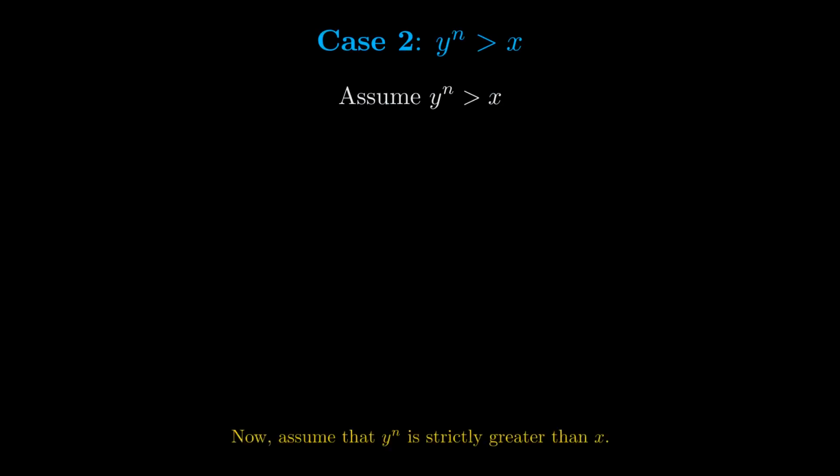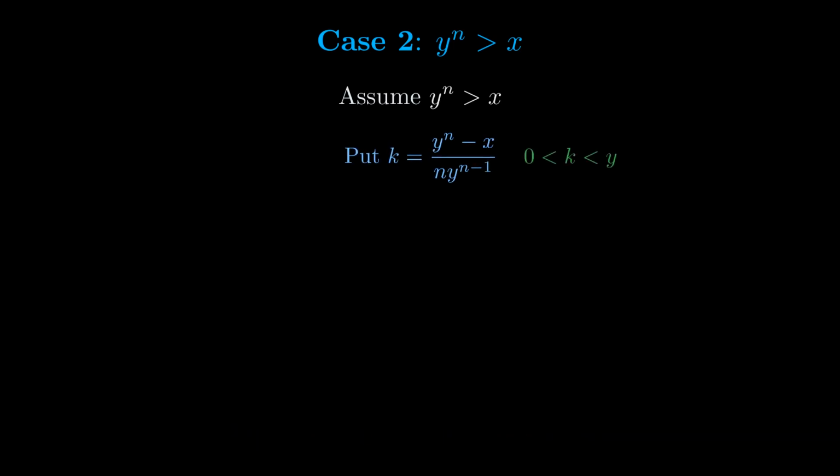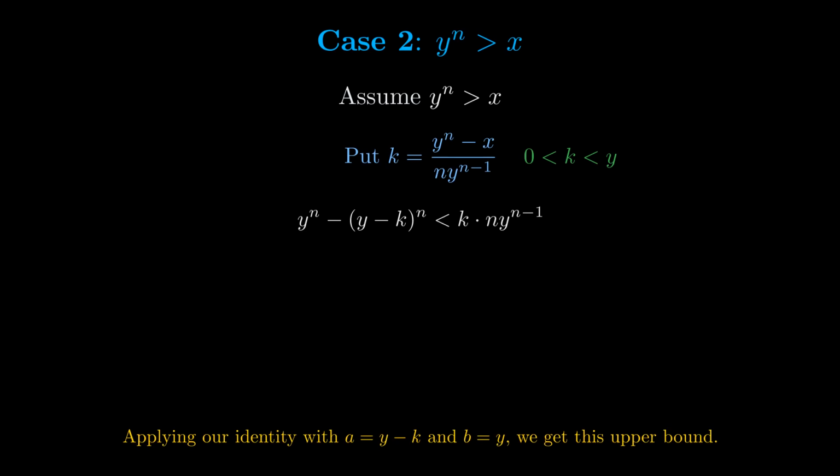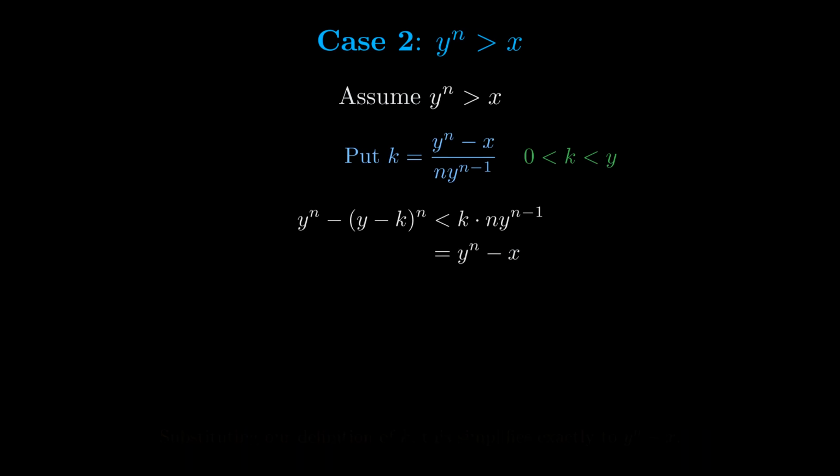Now, assume that y to the n is strictly greater than x. We define a positive k using this fraction, which is less than y. Applying our identity with a equals y minus k and b equals y, we get this upper bound. Substituting our definition of k, this simplifies exactly to y to the n minus x.